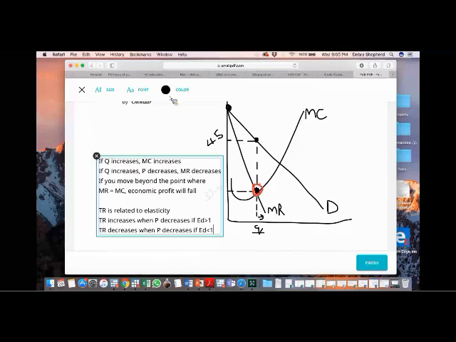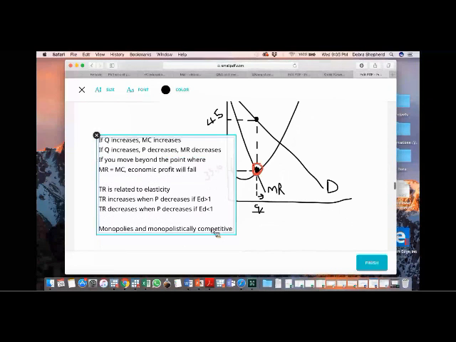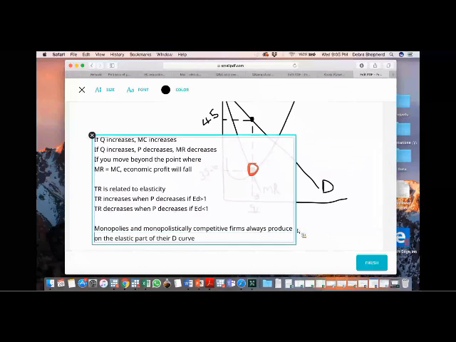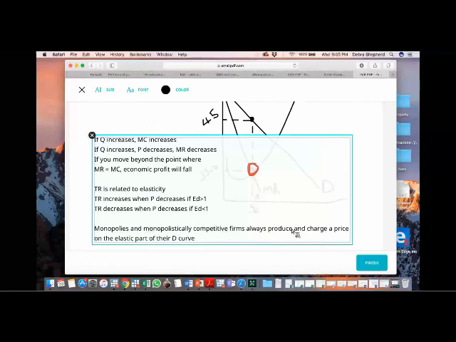So in other words, monopolies and monopolistically competitive firms always produce on the elastic part of their demand curve. So always produce and charge a price on the elastic part of their demand curve.